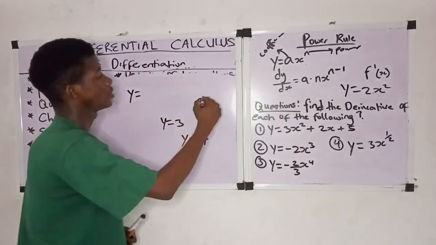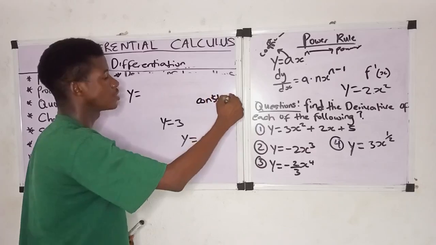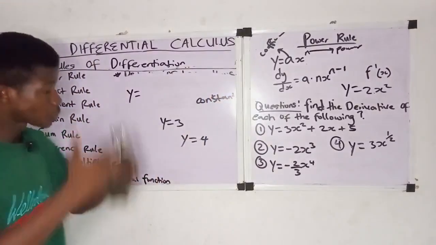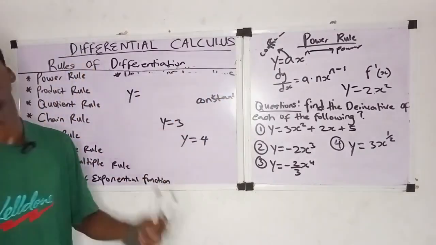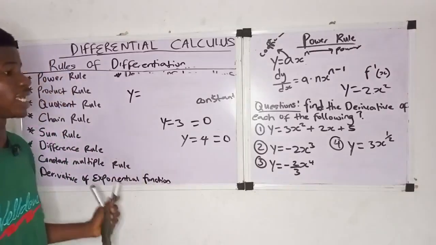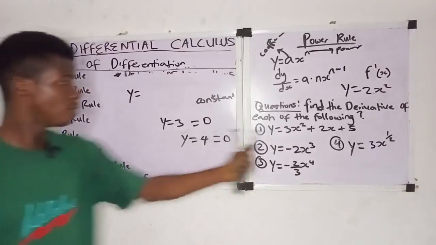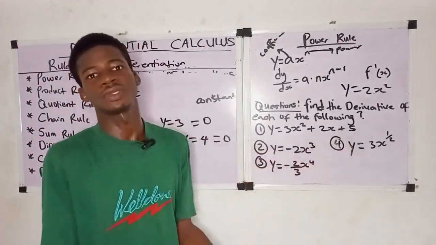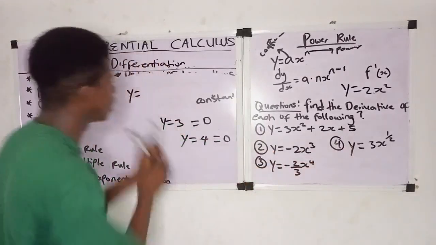Take note that the derivative of a constant is usually 0. How do you know a constant? A constant does not take x. Look at question 1: 5 is a constant here because it doesn't take a variable.